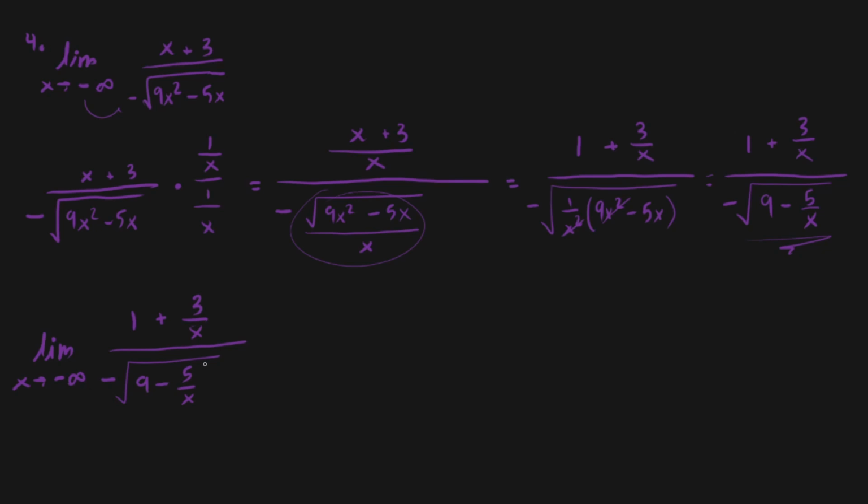As x approaches negative infinity, this will become 0, this will become 0, so we are left with 1 over the negative square root of 9, which is equal to negative 1/3. So this is the limit as x approaches negative infinity of the function x plus 3 all over the square root of 9x squared minus 5x.